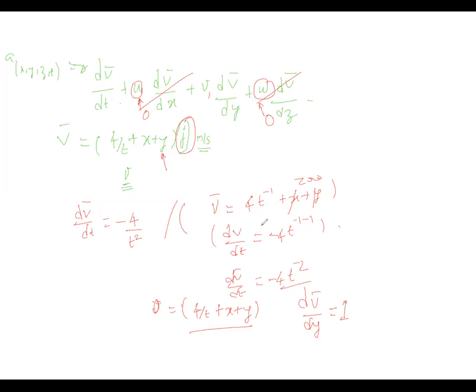We can substitute these values in the initial equation. dv vector by dt is nothing but minus 4 by t square plus the v vector, v equal to 4 by t plus x plus y, and dv vector by dy equal to 1.